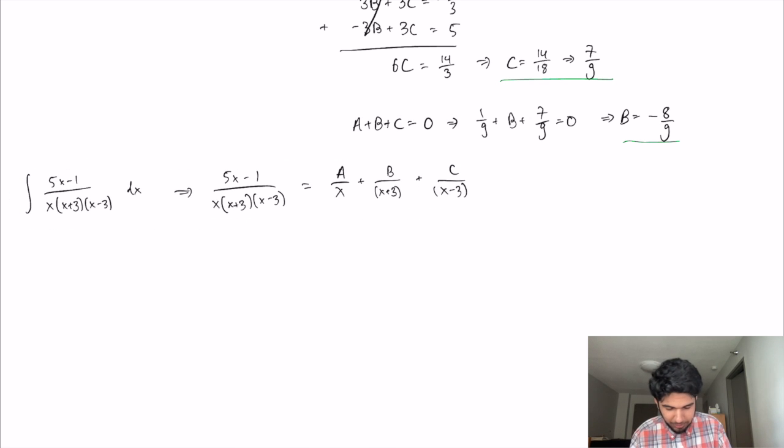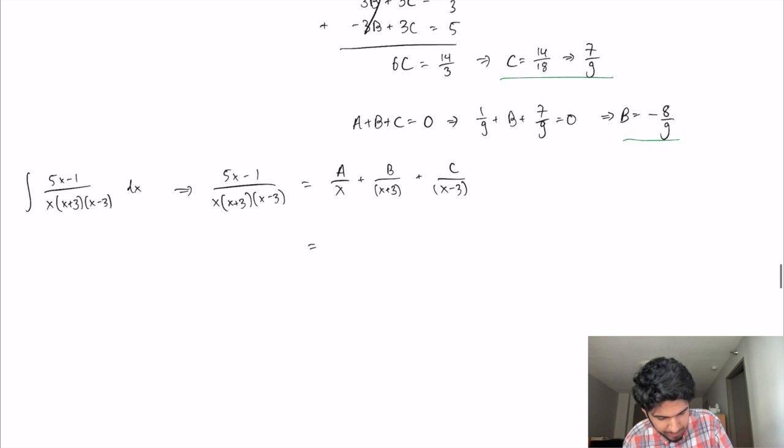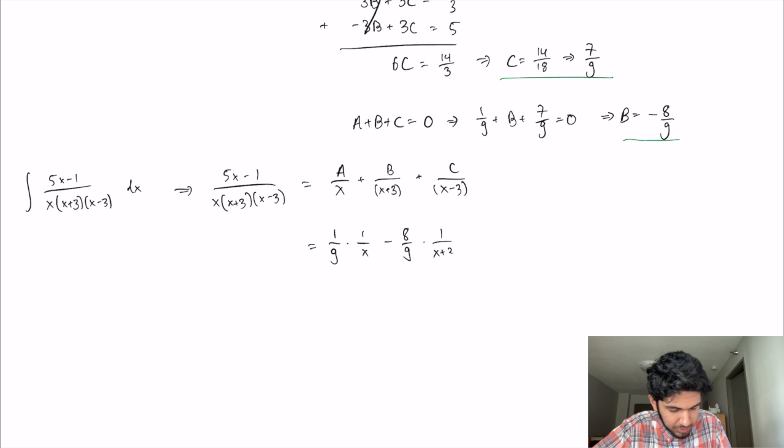Right? So this fraction now becomes equal to, a is 1/9, I believe, so we can write this as 1/9 times 1 over x. B is negative 8/9, so this is negative 8/9 times 1 over x plus 3. And then c is 7/9, so this is plus 7/9 times 1 over x minus 3.